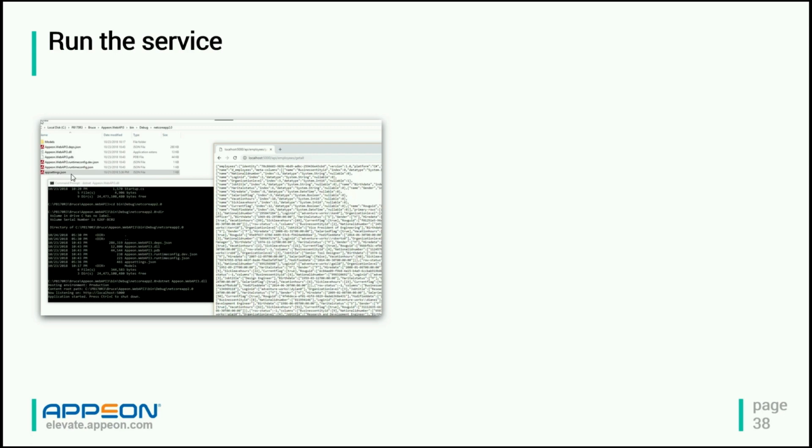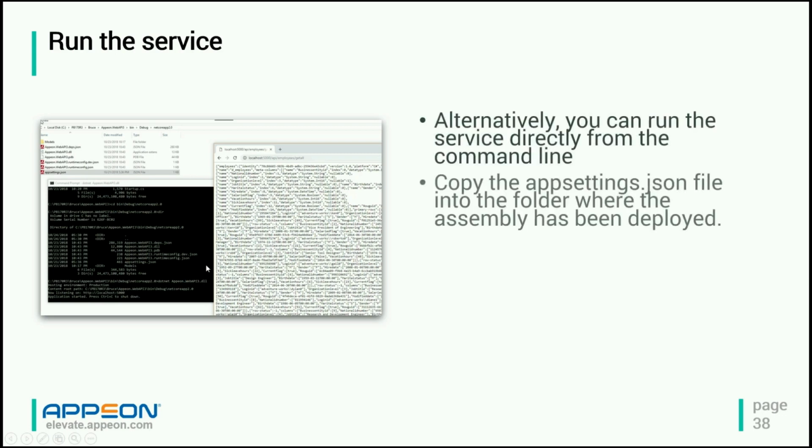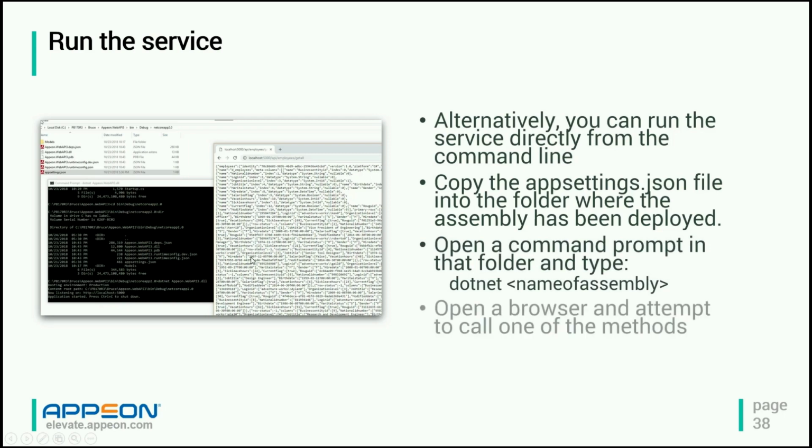Once that's available there, you can just run the assembly from a command window by issuing the command dotnet, spelled out, dot net, and the name of the assembly, and that will launch the service, once again listening on port 5000, and once again you can open up the browser and navigate to the URL that the controller's listening on, and it will return the data to you.